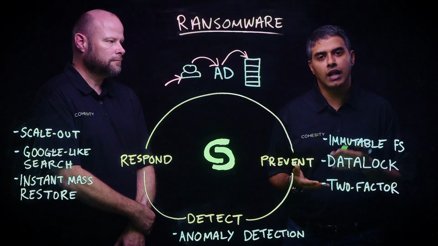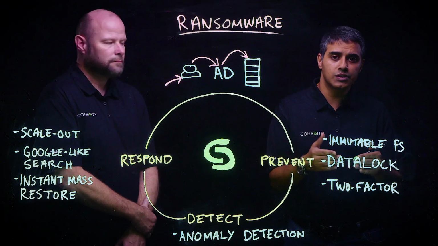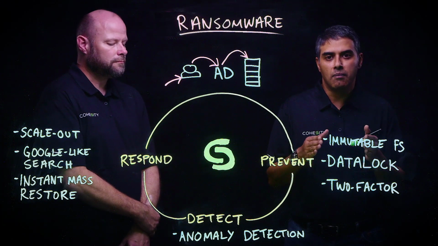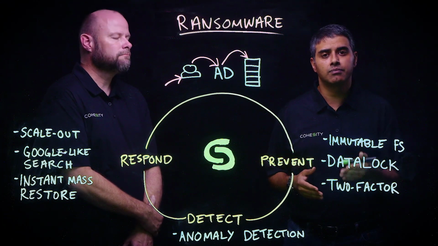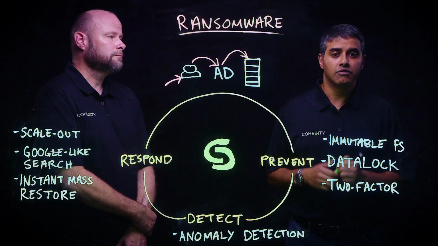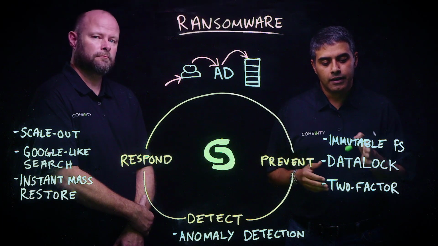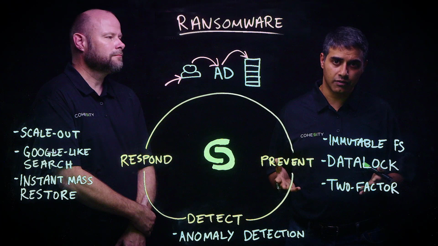What this does is it helps customers to meet their business SLAs with RPOs, but in a ransomware case, they can have an unlimited number of snapshots on the platform without any performance impact. This allows the IT admin to go to any point in time when it comes to recovery.